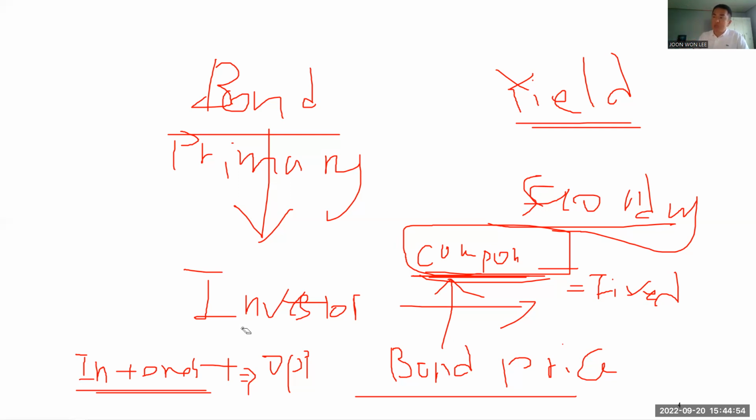Given that knowledge, if you know the market price of a bond, then you can get the market discount rate through calculation or Excel. What you get from the calculation is the yield to maturity, because we suppose that we are going to hold the bond until it matures.